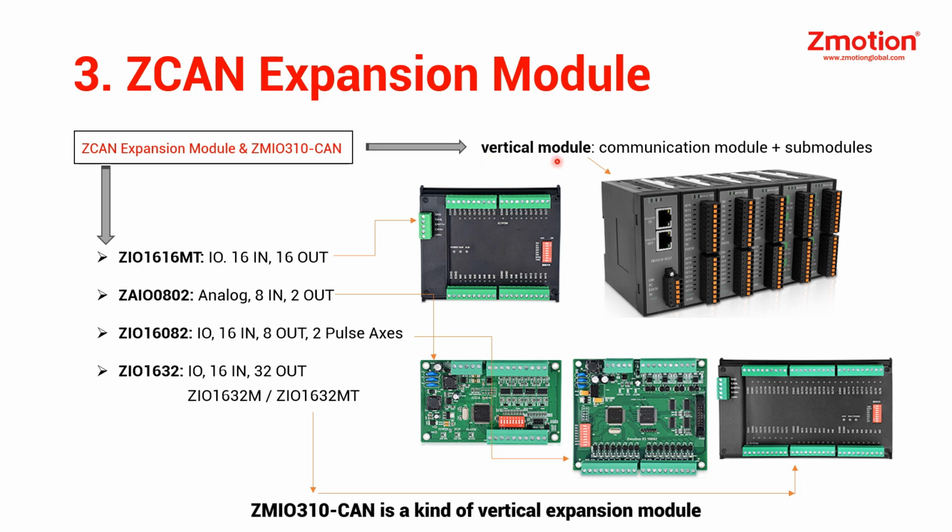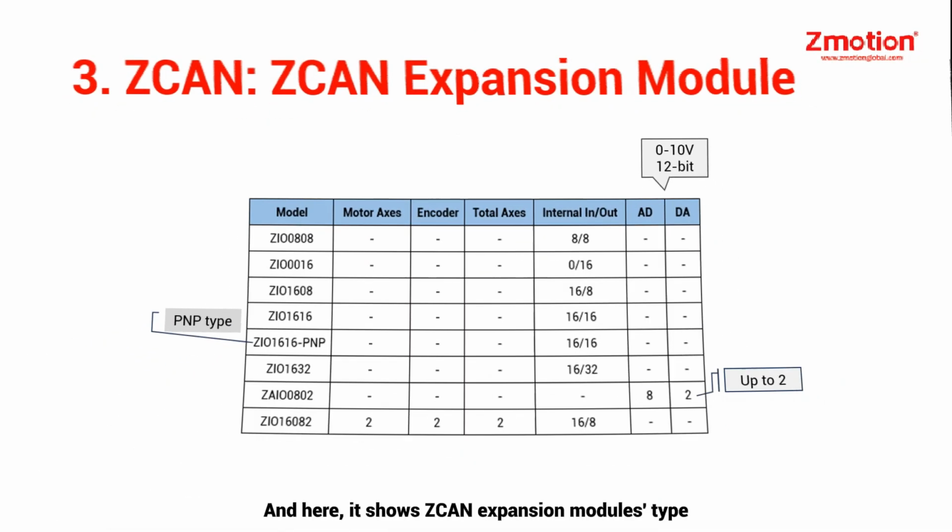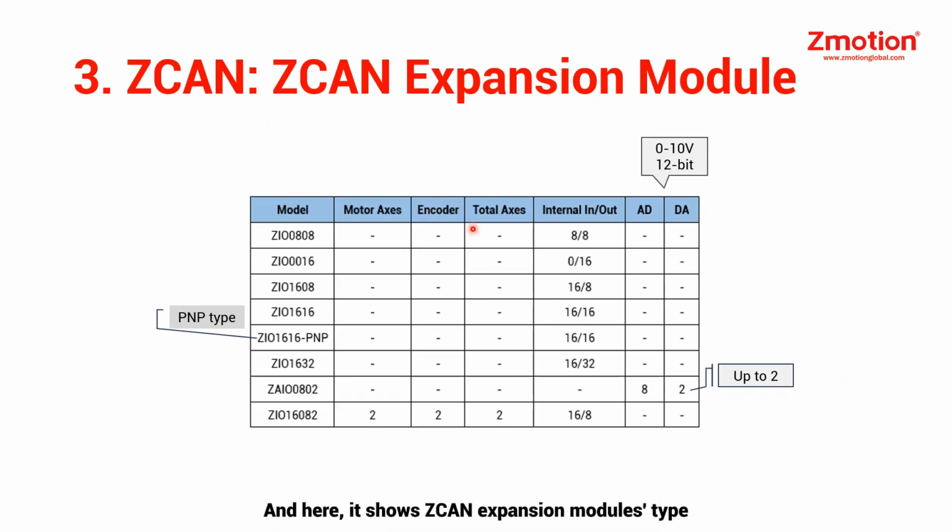ZMIO310 CAN is a kind of vertical expansion module, which supports digital I/Os and analog expansion. And here, it shows Z CAN expansion modules type. Use according to your specific needs. It can be seen 16 inputs and 32 outputs at most, and only 2 pulse axes can be expanded for 1 module. Please note not to use too many pulse axis expansion modules. 2 is the most.